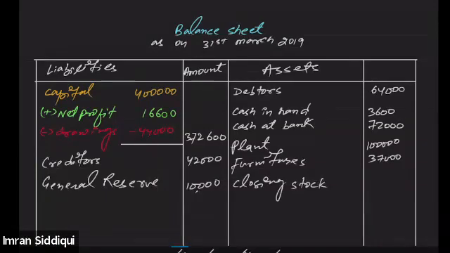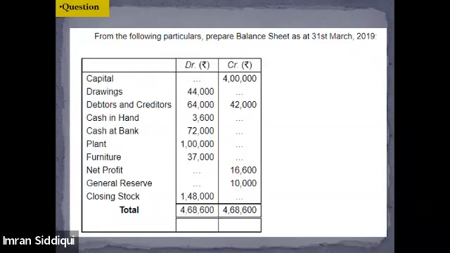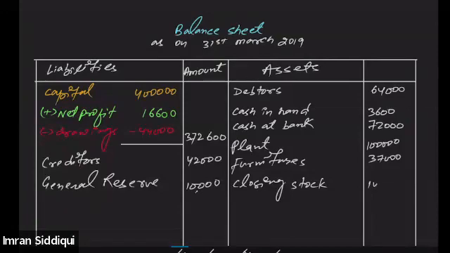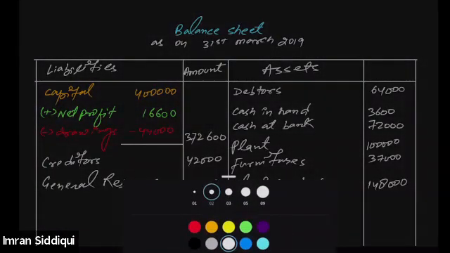While preparing the trading account, we record the value of the closing stock on the credit side of the trading account. And closing stock is also recorded in the balance sheet.